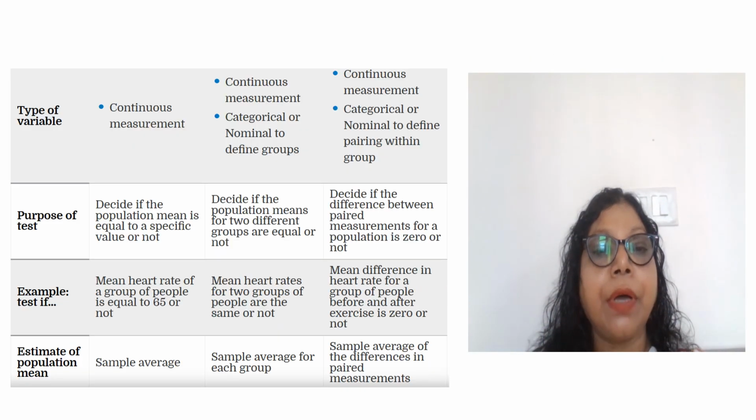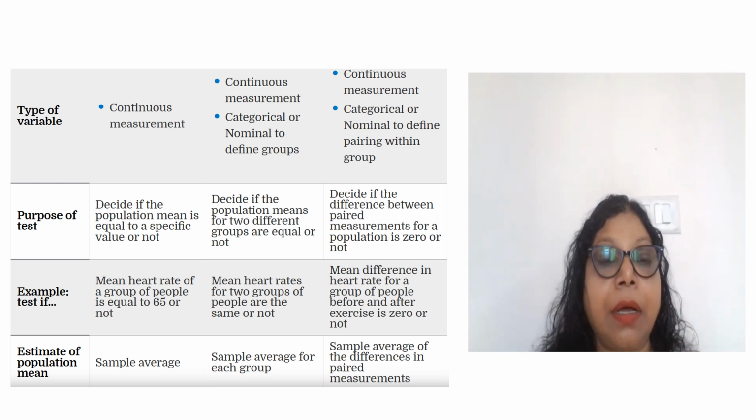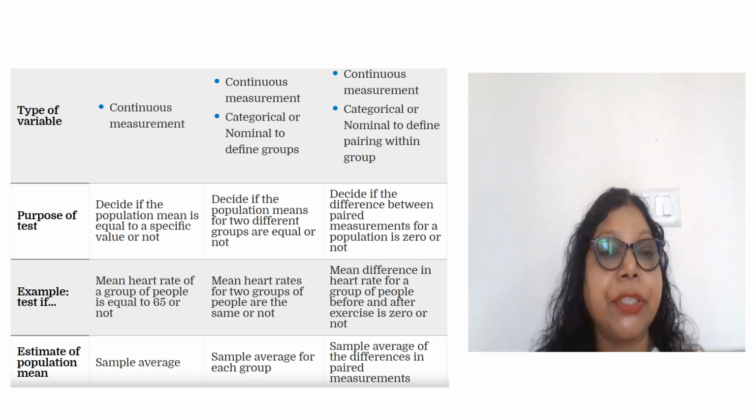We can also identify which test to be taken for the calculation, and that we can decide on the basis of the type of the variables which are available in our data collection. And then we can also decide on the basis of the purpose of the test.